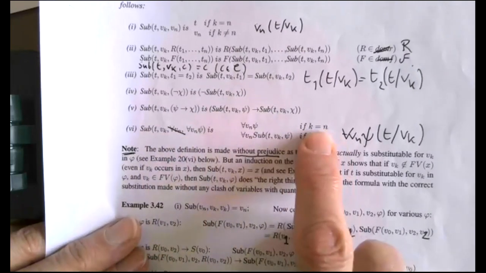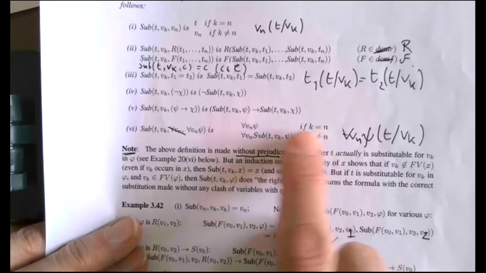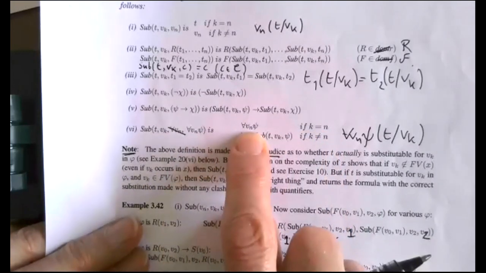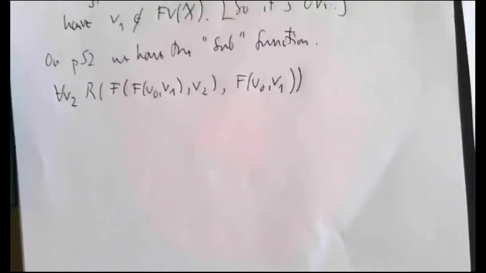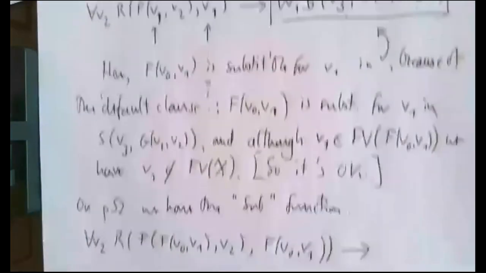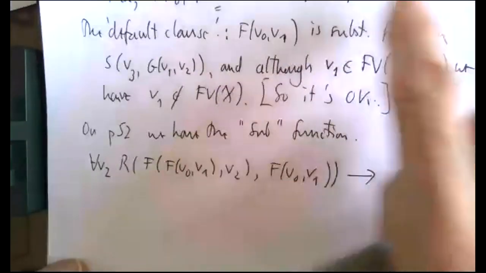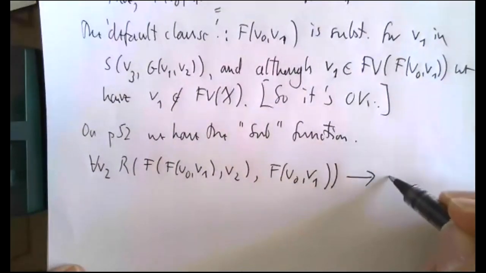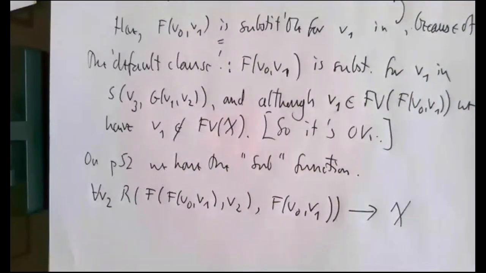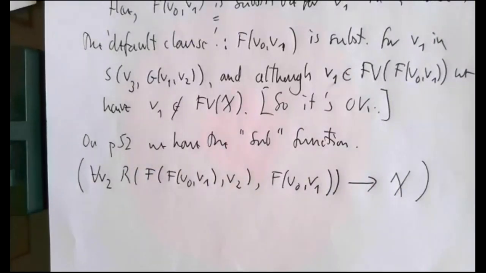So actually k equals n equals 1 in this case, and the result is nothing happens. So I'm going to do this arrow here, and nothing is going to happen here. It's just the same chi again. And then officially there are some more brackets around it.